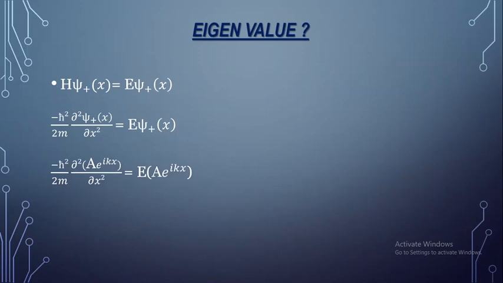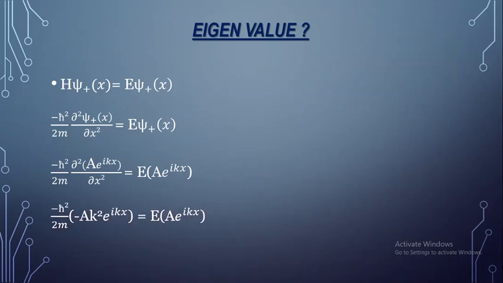Substituting the value of xi plus of x, that is A into exponential of ikx, we need to differentiate two times. Once when you differentiate, we get A ik into exponential of ikx. Again differentiating, because it is dou square by dou x square, we get A (ik) whole square into exponential of ikx.